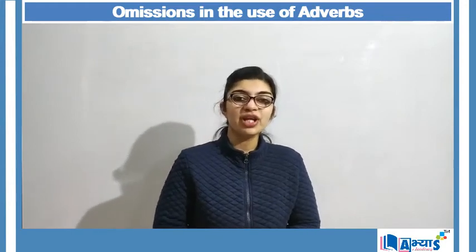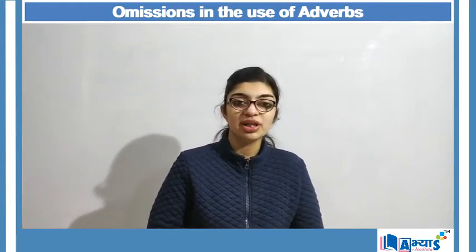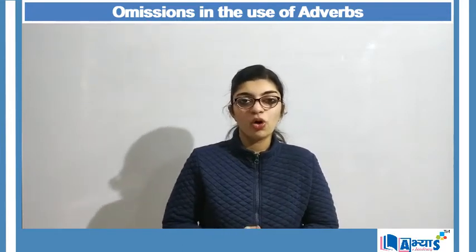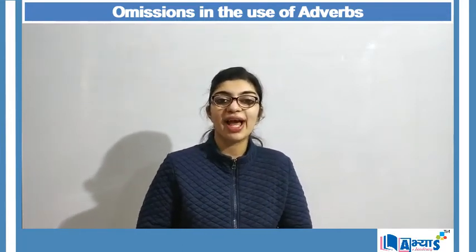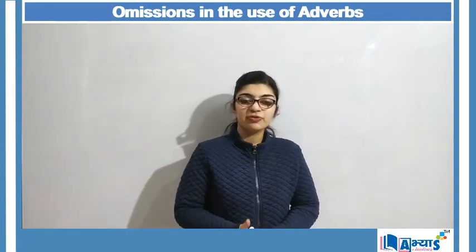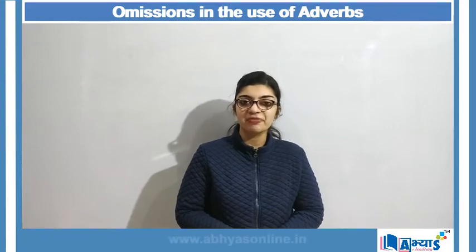Adverbs are basically all those words which make changes in the meaning of a verb, or they can change or modify an adjective or another adverb. So first let us begin with the definition of adverb.